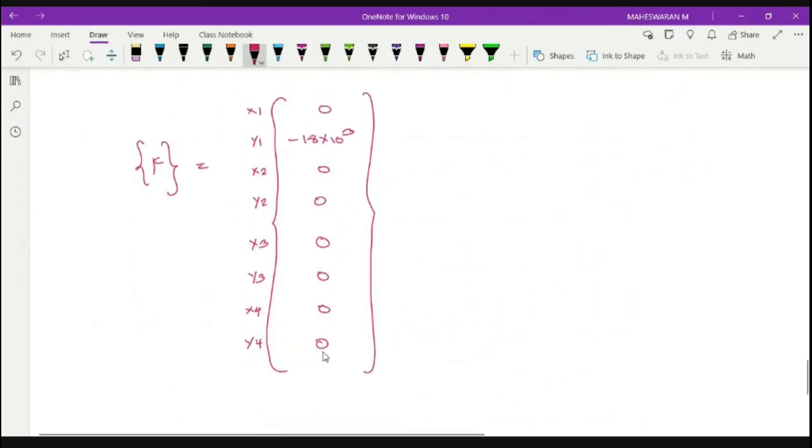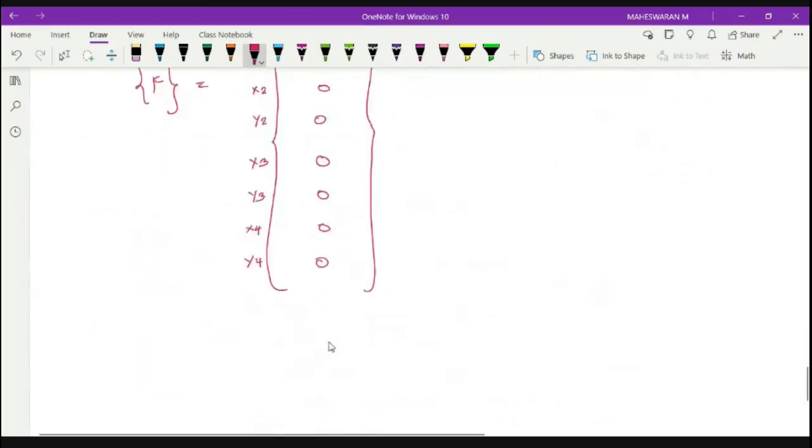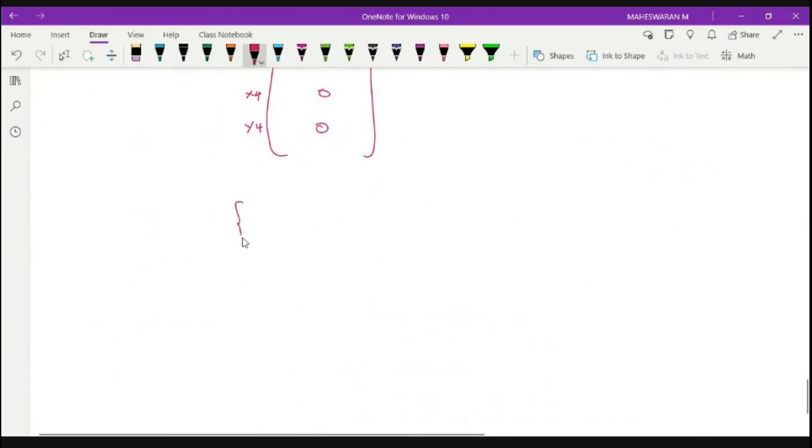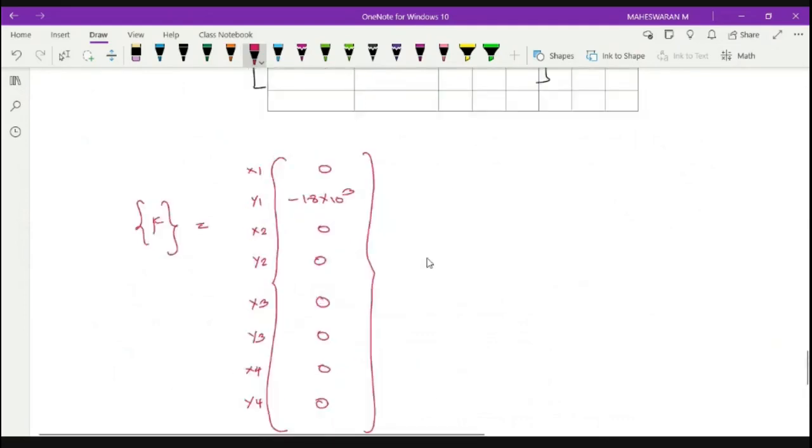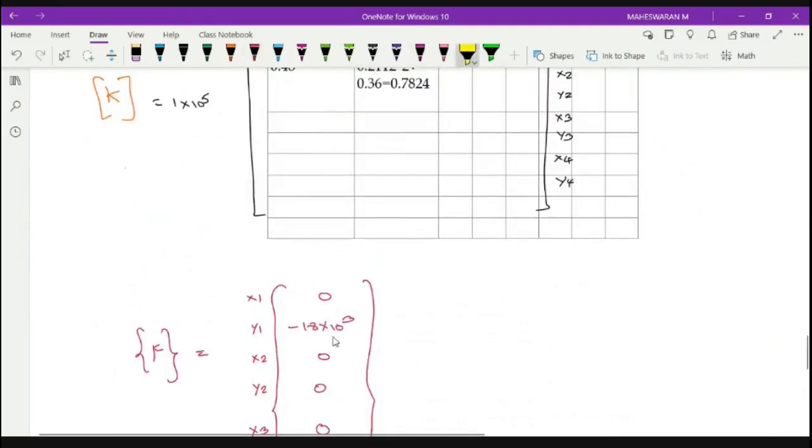Okay. So now I can put F is equal to K into U. F is equal to K into U. Right? So my concentration is only on these 4 terms: X1, Y1, X2, Y2.